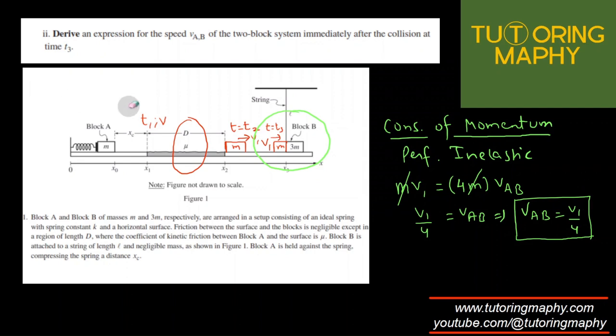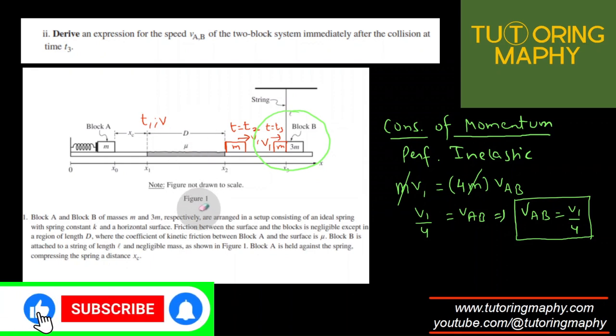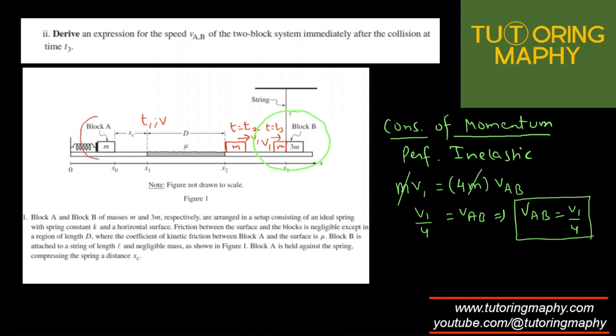Okay. Now the question is how to find v1, and I know that the speed at x2 is also v1, so I'm just interested in that. All right. I know that whatever energy we had at this point, the same energy we had at this point as well, because the mechanical energy is conserved, right?